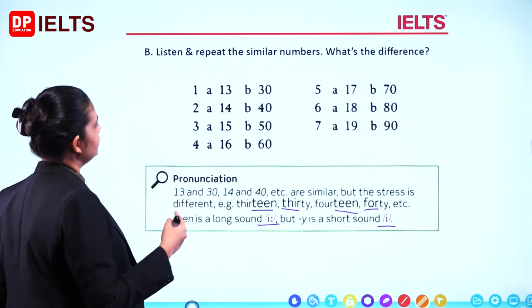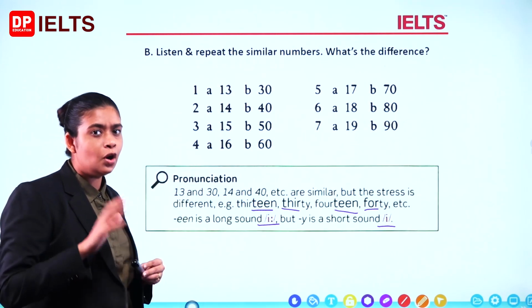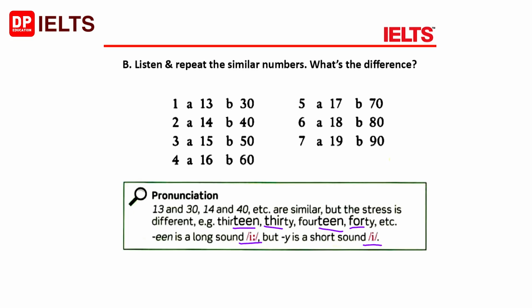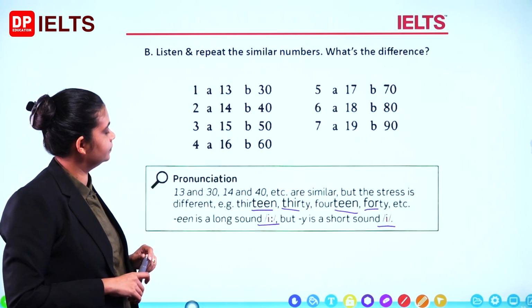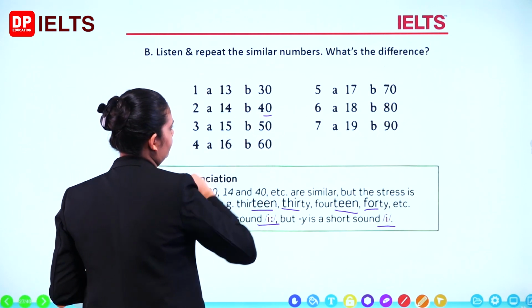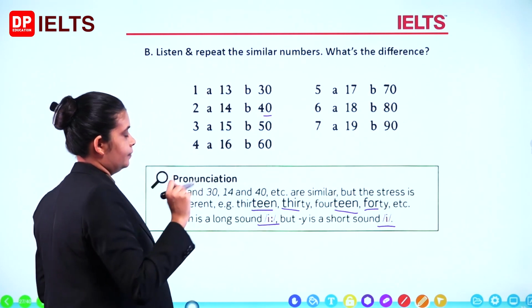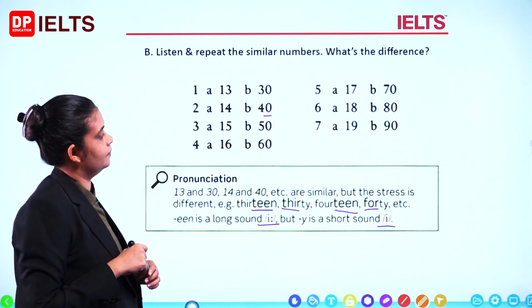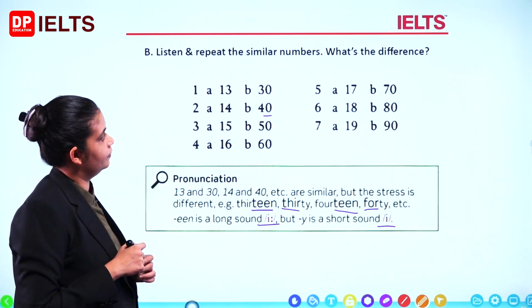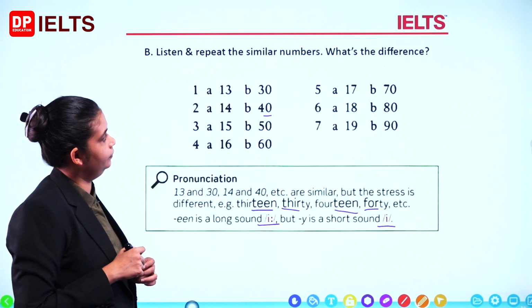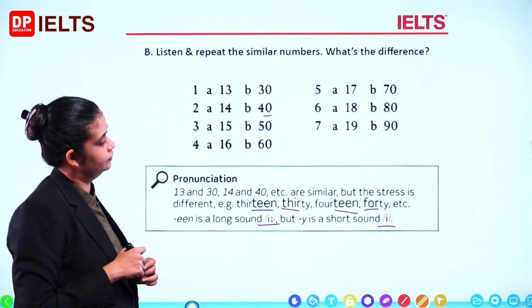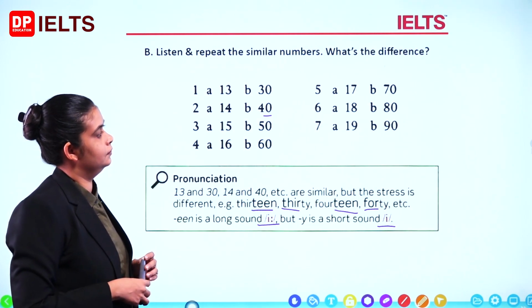So let us listen to the numbers at a stretch now. You know what the difference is, so just listen carefully. 13, 30, 14, 40, 15, 50, 16, 60, 17, 70, 18, 80, 19, 90.